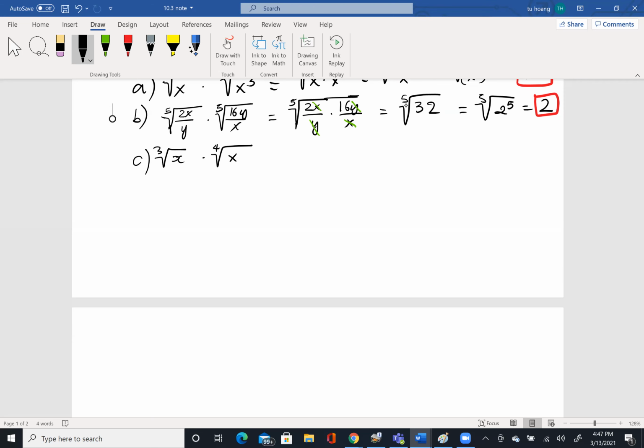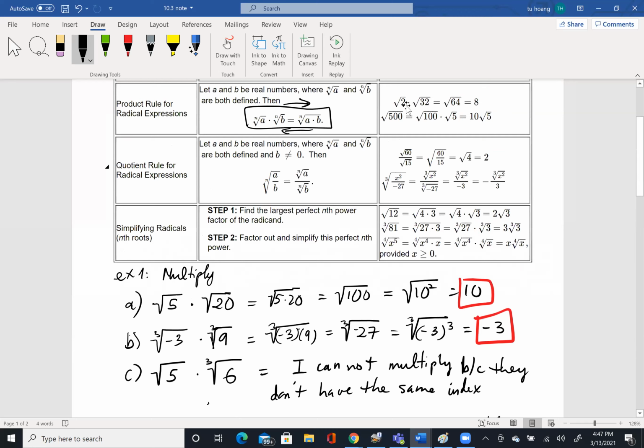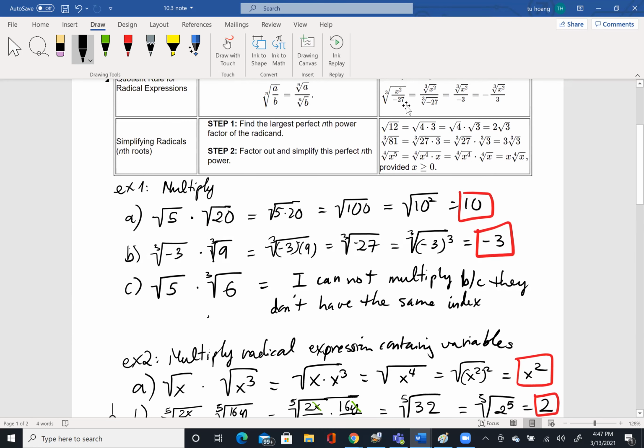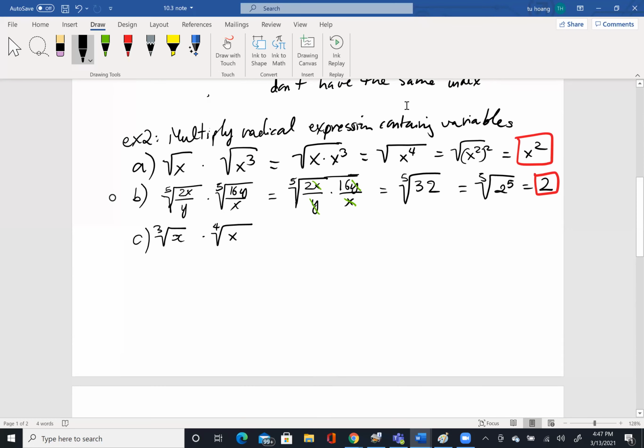You actually cannot do the product for this one. It has different indexes, right? But for the radical, it could be a little different.